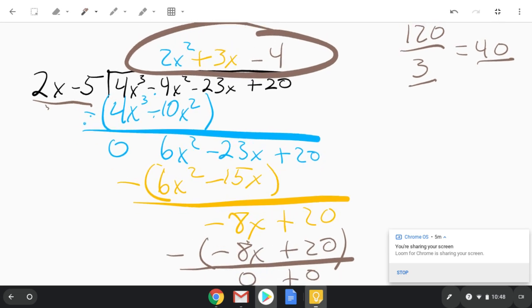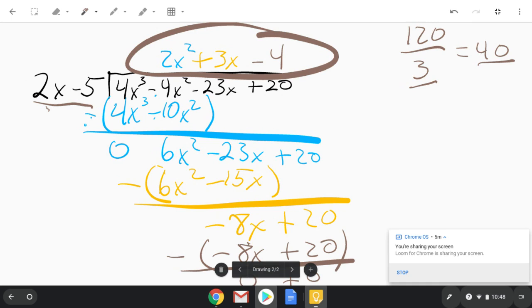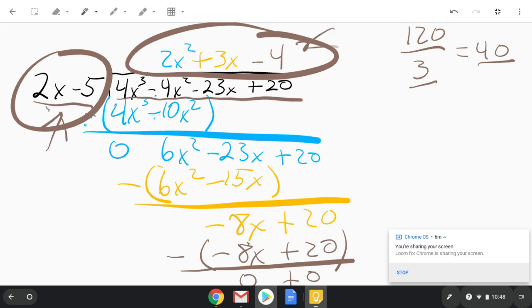So what this means is that 2x minus 5 is a factor of 4x cubed minus 4x squared minus 23x plus 20. And it also means that our quotient, 2x squared plus 3x minus 4, that whole thing is also a factor of this. So when you get a remainder of 0, that means you have factors. This is a factor, and that's a factor of the original dividend. All right.